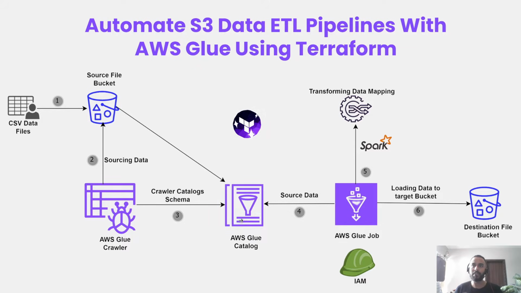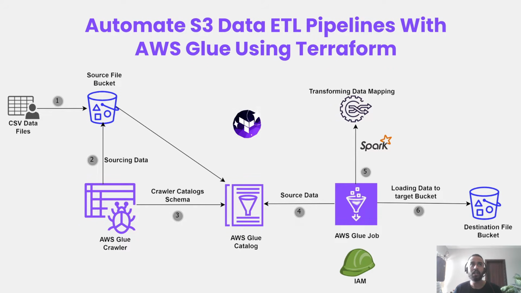Once it is available in the Glue Catalog, we will go ahead and create a Glue Job. What that Glue Job is going to do is source that data from the Glue Catalog. Once the data is sourced, we will create a PySpark script that is going to transform the data.